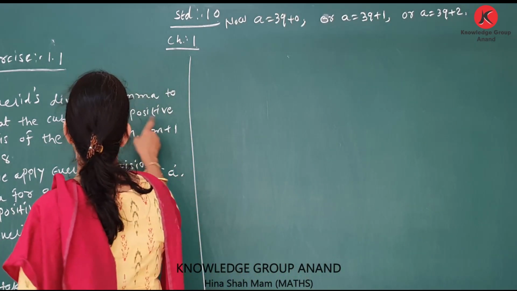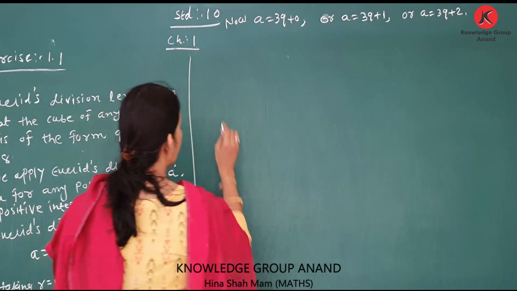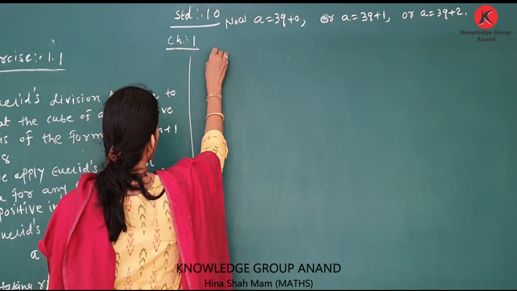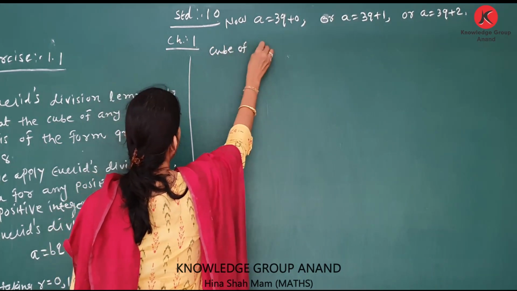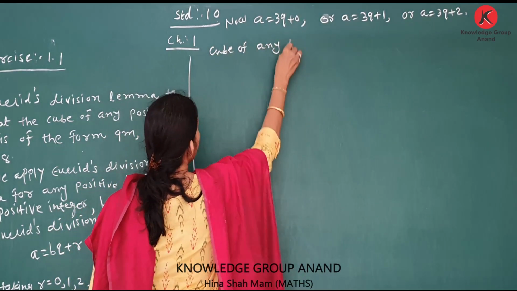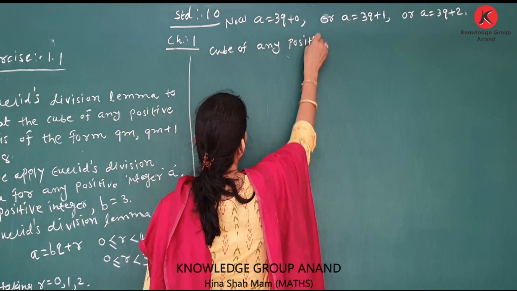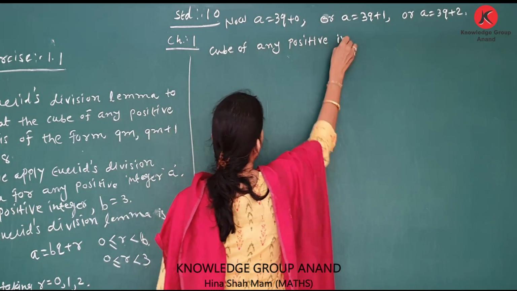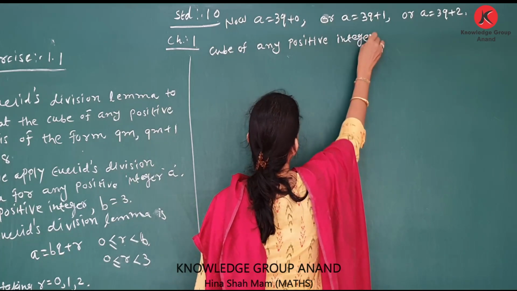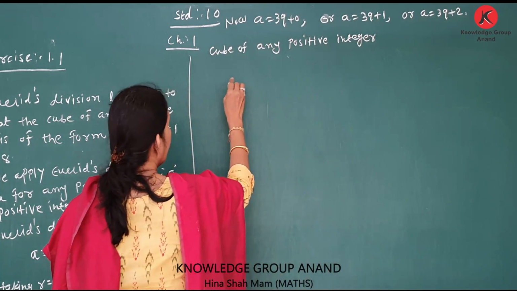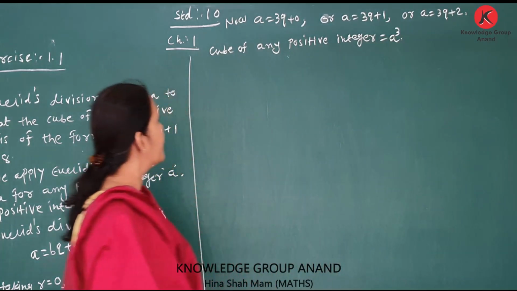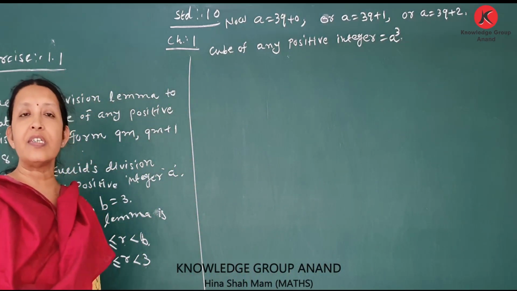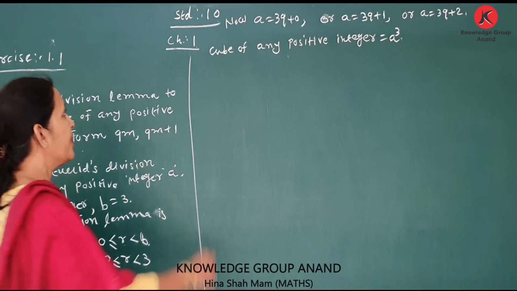Here, our condition is the cube of any positive integer. The cube of any positive integer is equal to A cube. First we take A cube.